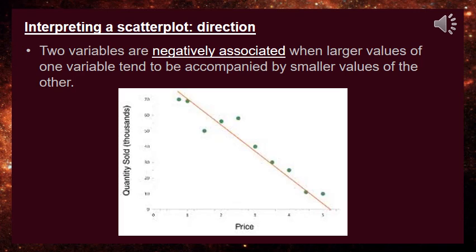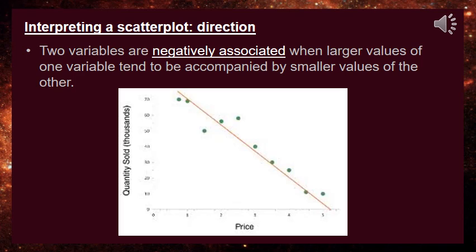When one quantitative variable goes down as the other one goes up, they're both going in opposite directions. We say that the correlation is negative. You see here on this image that the slope goes down, it goes in the other way. This is a negative correlation between two quantitative variables.